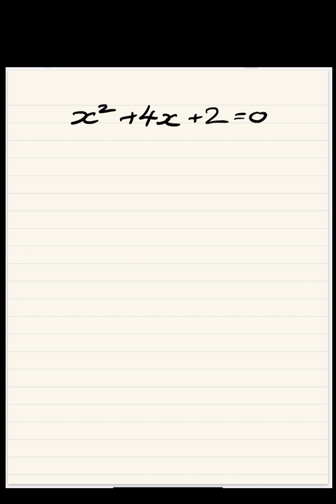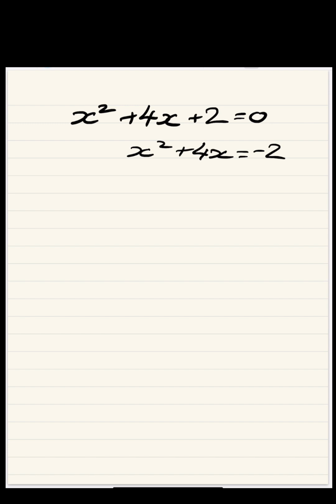Now with this example, I want to remove any constants that are on the same side as my x expression. So it's the 2 that I need to deal with first. I'm going to take 2 from both sides.